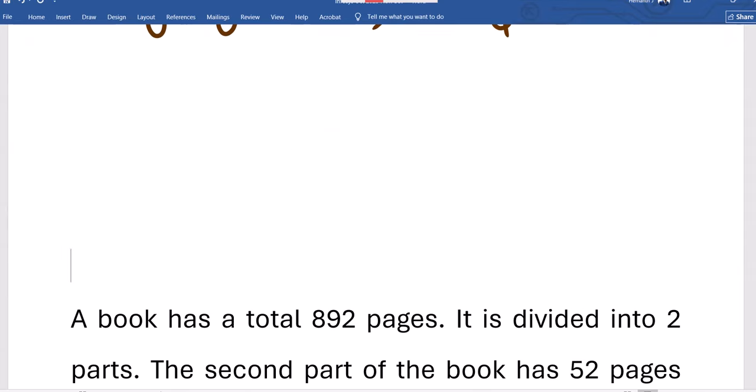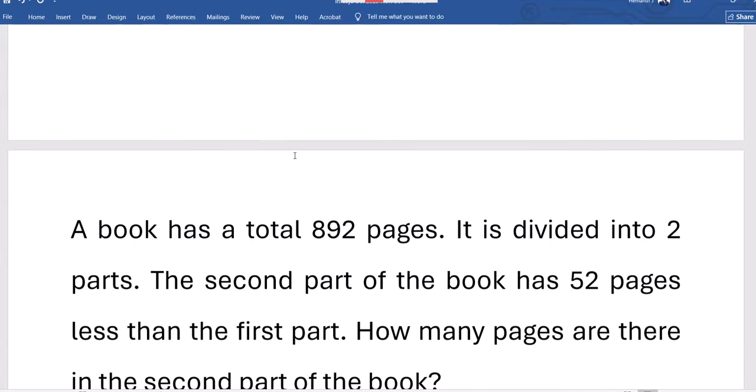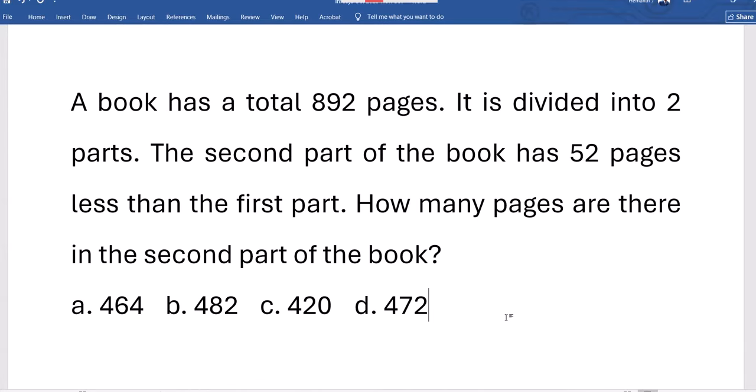And now this question, a basic calculation. See how fast you can solve this. Total 892 pages, divided into 2 parts. The second part is 52 less than the first part.